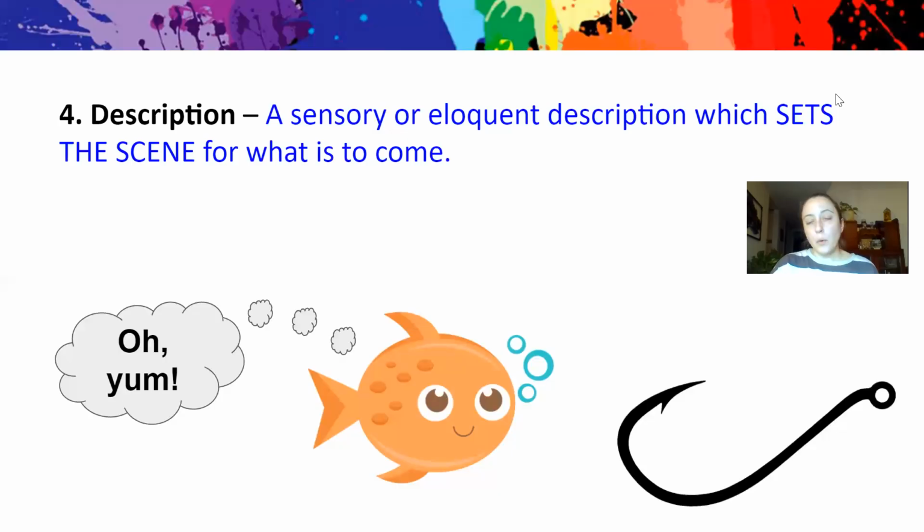So, for example, if you were talking about plastic pollution and you described a beach that was covered with stringy nets of garbage and bits of plastic mixed into the sand.